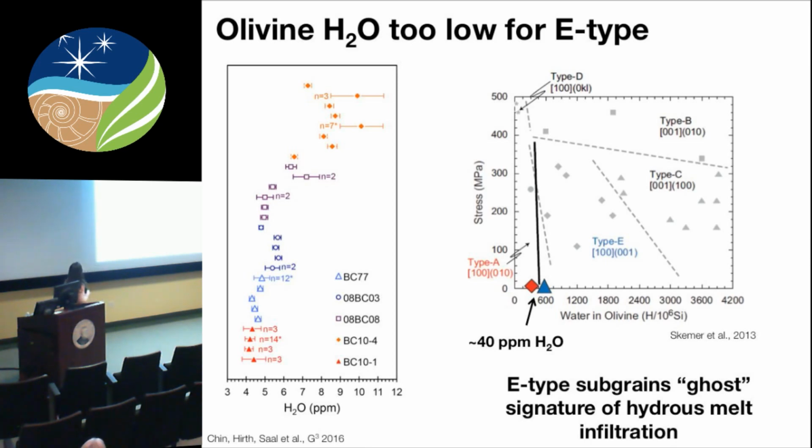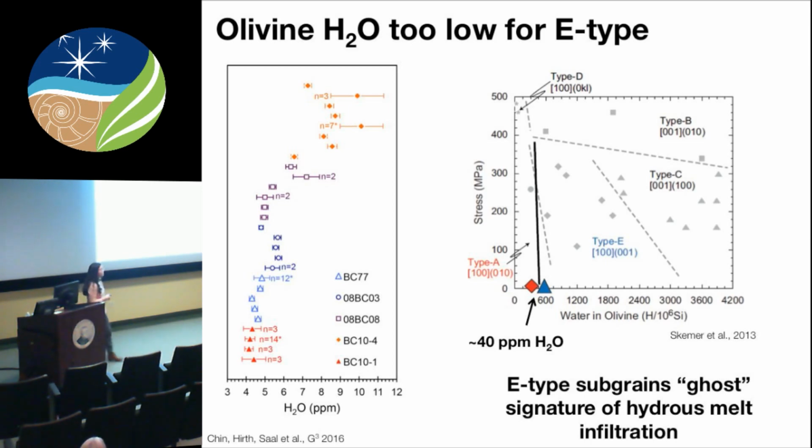So the maximum water we got was like 10 ppm. And even if you correct back this olivine water, because often we're concerned that a lot of the water gets lost through eruption, even if you correct it back to be in equilibrium with, say, pyroxene, which we somehow believe holds on to its water better, we still don't reach 40 ppm water in the olivine.